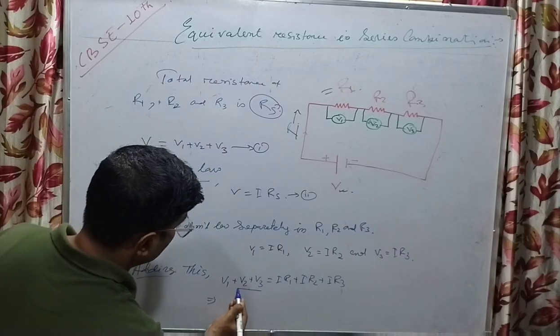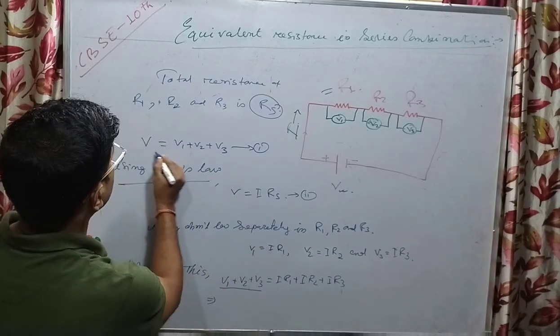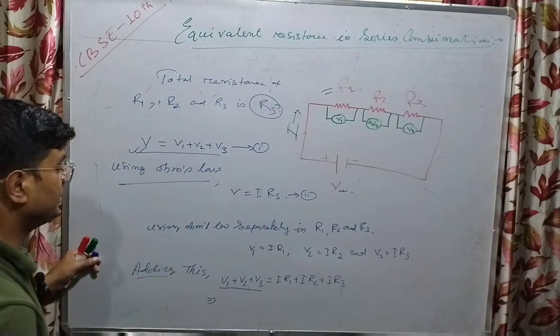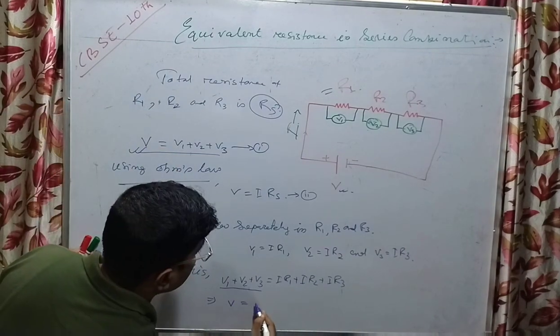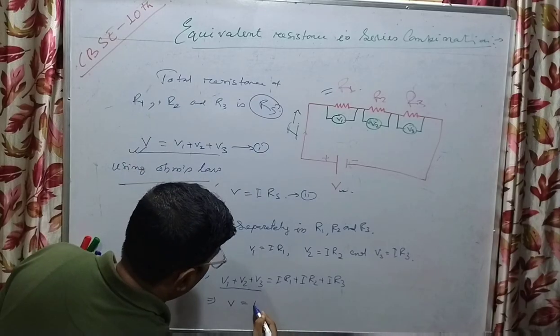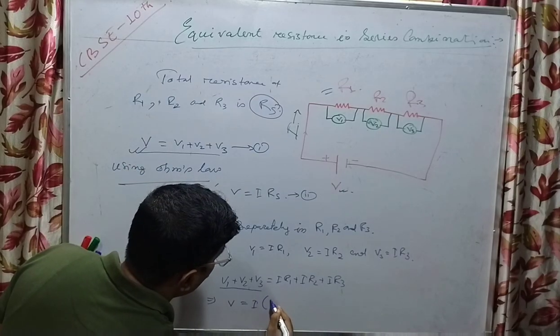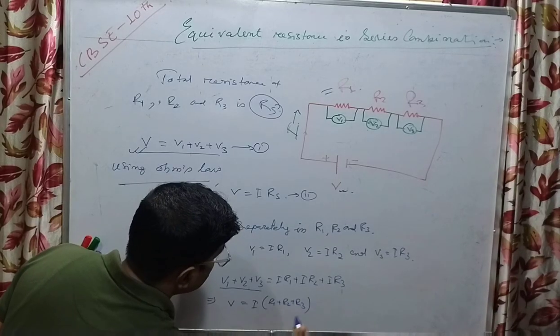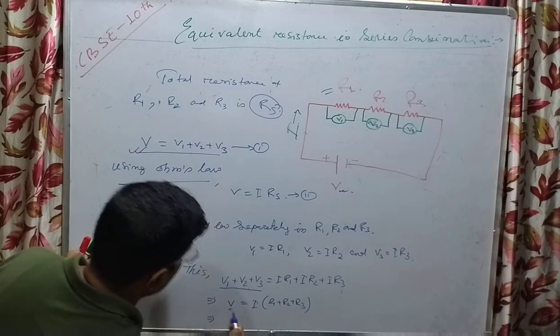Again, V1 plus V2 plus V3 is equal to what? V. So V is equal to I times R1 plus R2 plus R3. V is equal to what?